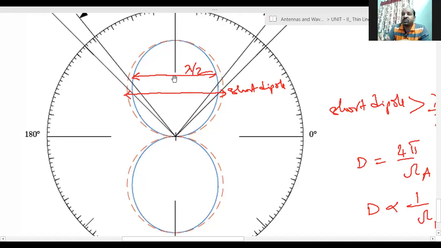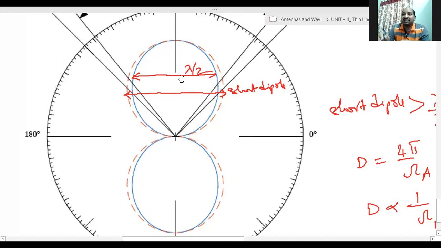What is the difference between these two? The beam width is different. The beam width of half wave dipole is less compared with the beam width of short dipole. So that means the directivity of half wave dipole is greater than the directivity of short dipole, because we know that directivity is inversely proportional to beam area.